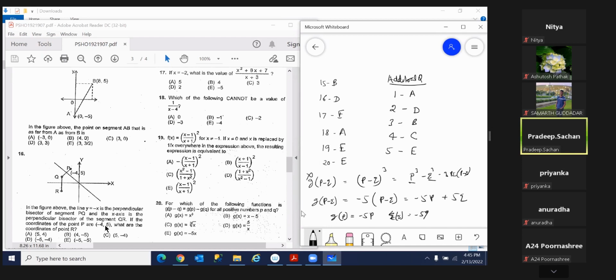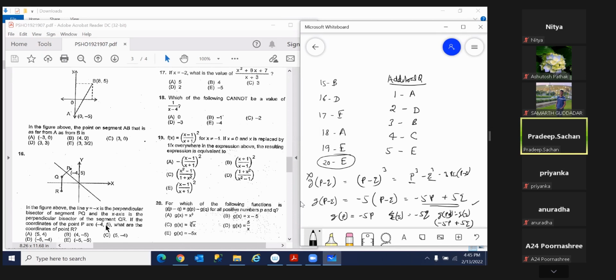If I do g of p minus g of q, that becomes minus 5p plus 5q, and that is matching. So the E option is satisfying the situation. That's why we are marking our answer as E option.